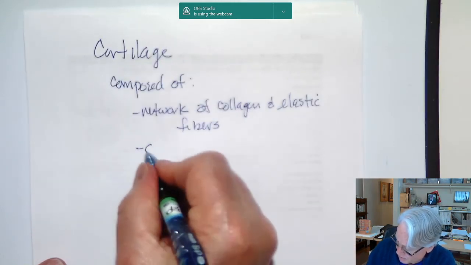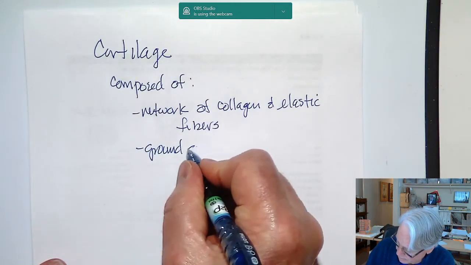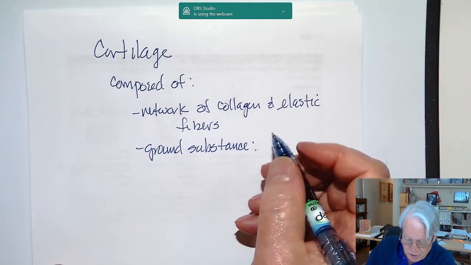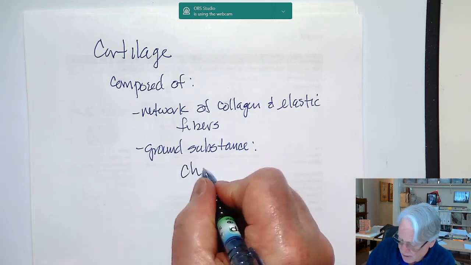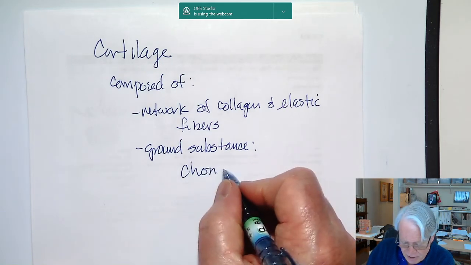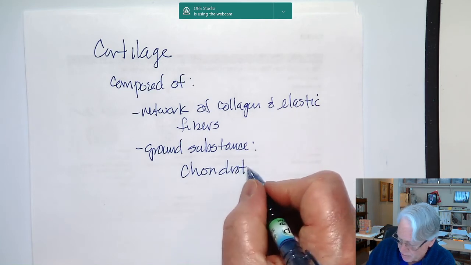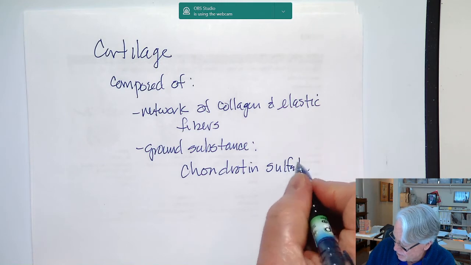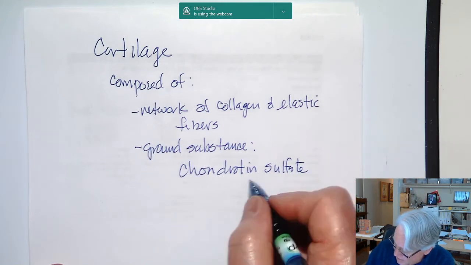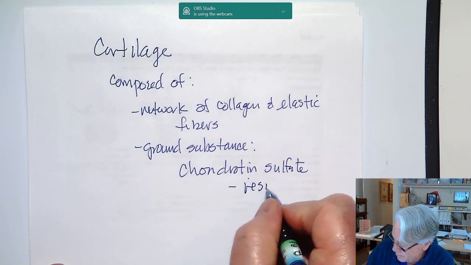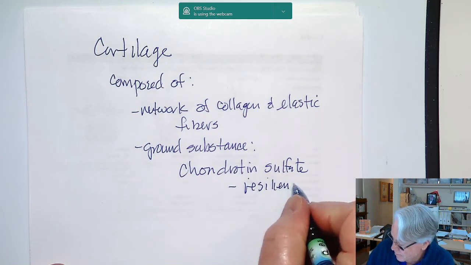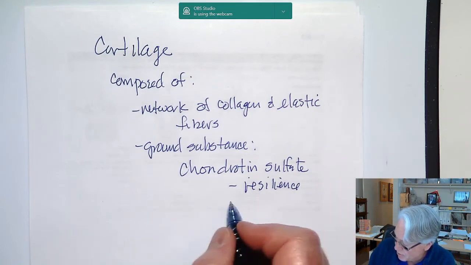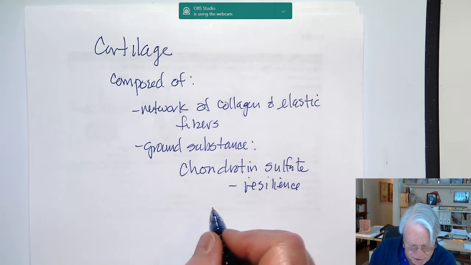The ground substance is chondroitin sulfate. I'm only listing a few of the ingredients that make up ground substance, but there's more than this. But chondroitin sulfate gives you resilience. And there are some other chemicals, but chondroitin sulfate is one of the major ones.